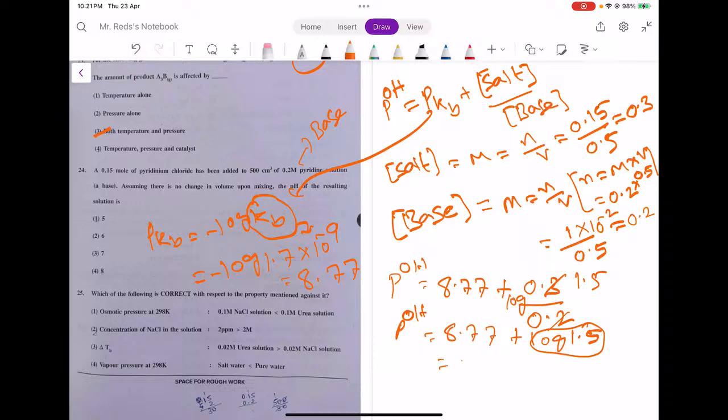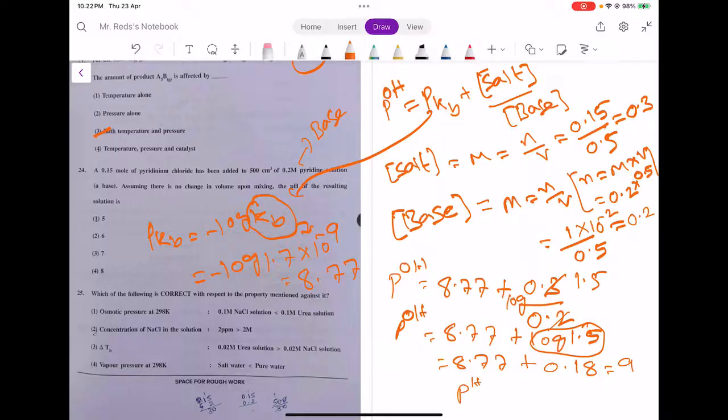Here 8.77 plus 0.176, 0.18 otherwise. Almost this is equal to 9.